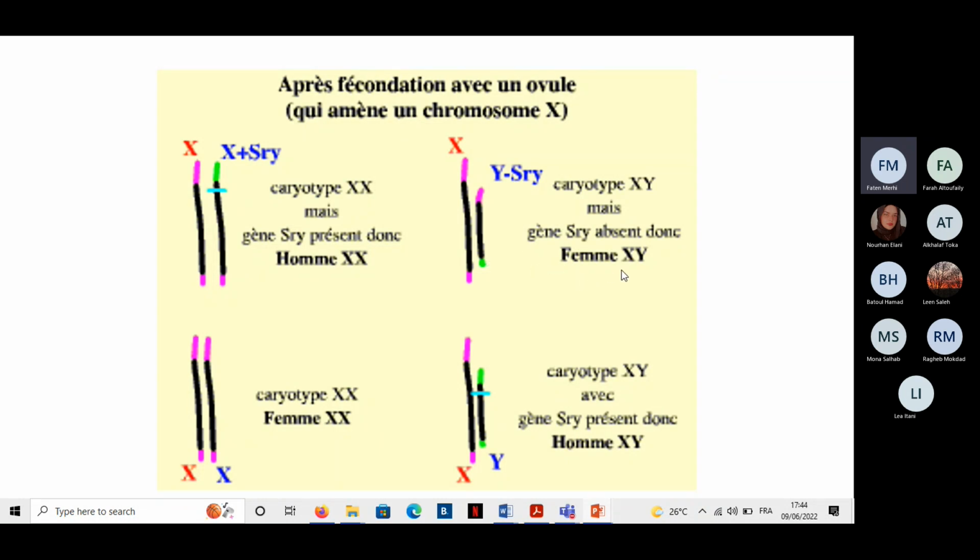They will develop female genital organs. Some of those people will be hermaphrodites. They will have mixed genitalia, and some of them will have ambiguous genital organs. And in both cases, they will be sterile. They have fertility problems, and they are sterile. Okay.